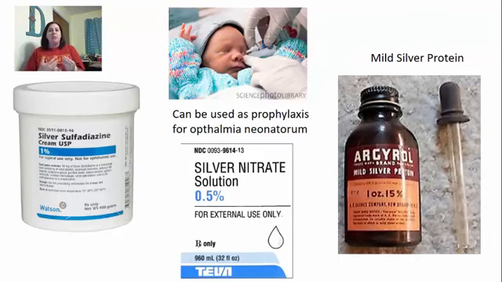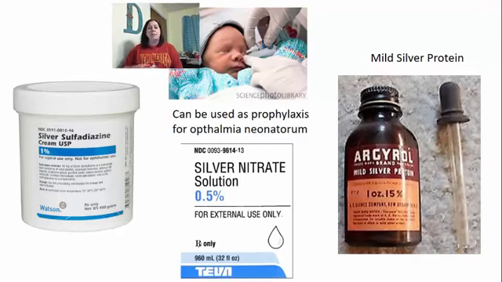Especially when they go through that birth canal, there's a chance that they can be exposed to lots of different types of bacteria or viruses, and so we want to potentially protect the eyes. Now, silver has actually got an increase in its interest because we do find that it can work against antibiotic resistant bacteria, so potentially coming up with types of medications that have silver in them that can be used against those instead of antibiotics might be helpful.